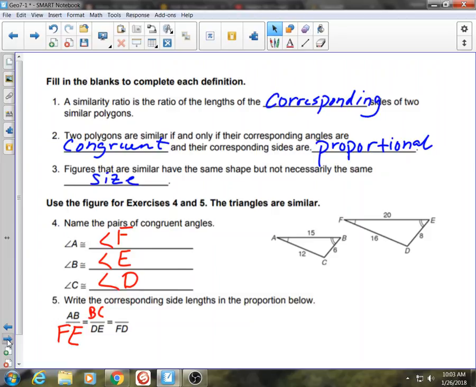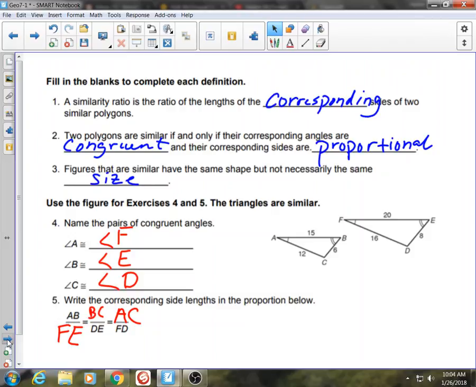Chloe, you got the last one. What does AC correspond to? You said AC? AC corresponds to DF. Does that look good?